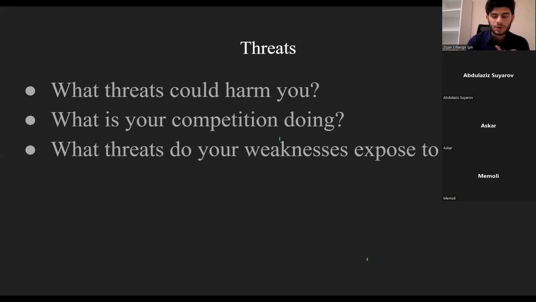And if you could rate the possibility and the effect from 1 to 5 for all of the risks, you can see in the end what your possible threats are.